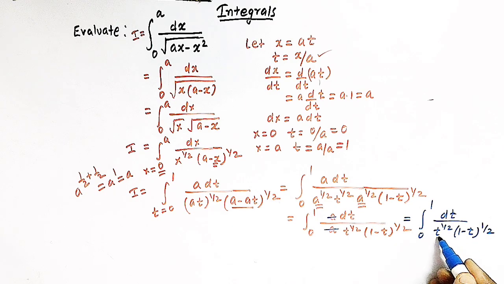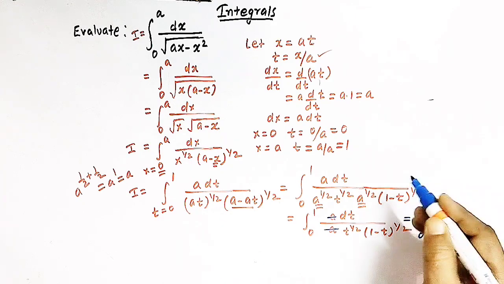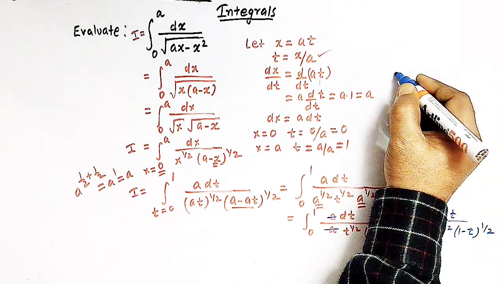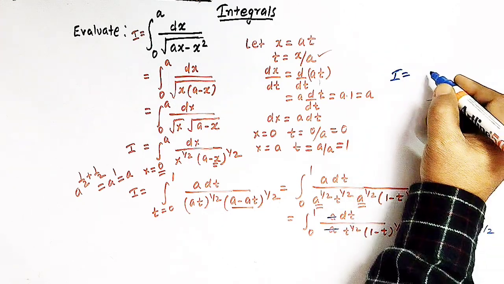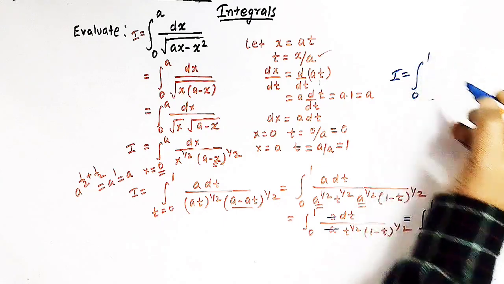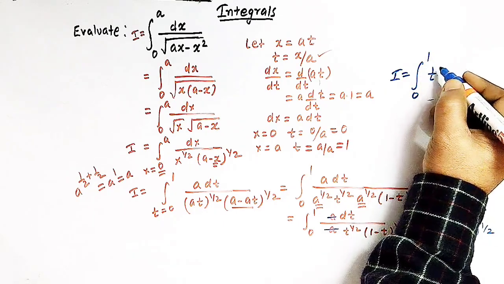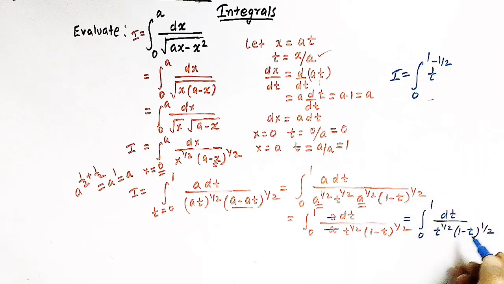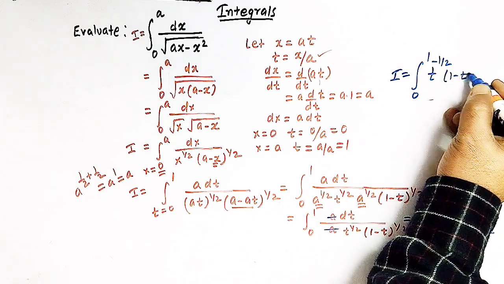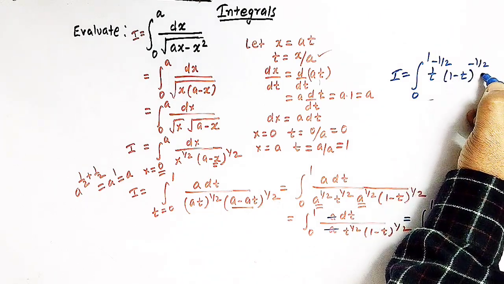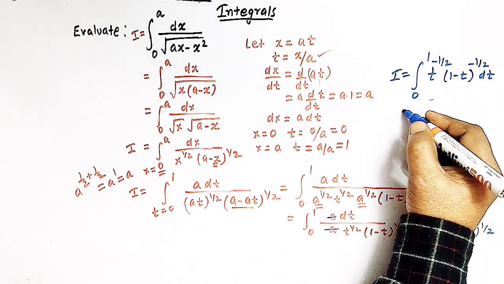Now let us take both these terms to the numerator. So we can now write I is equal to integral 0 to 1, and we have t raised to minus half, and here we have (1 minus t) raised to minus half and dt, right?